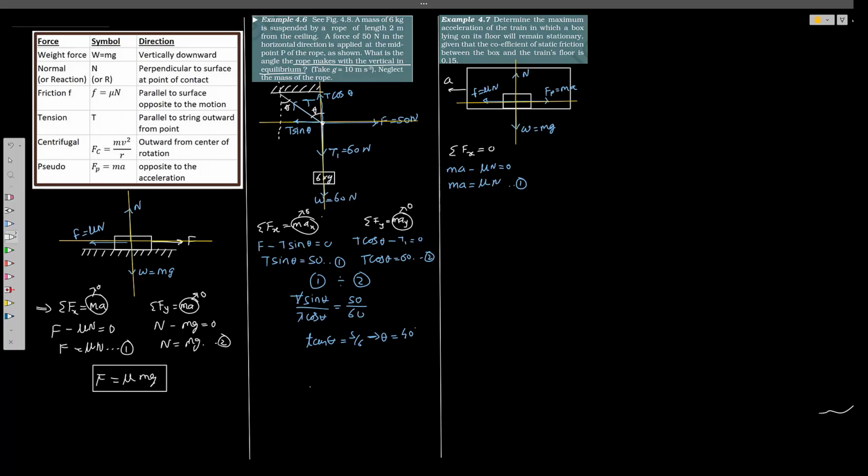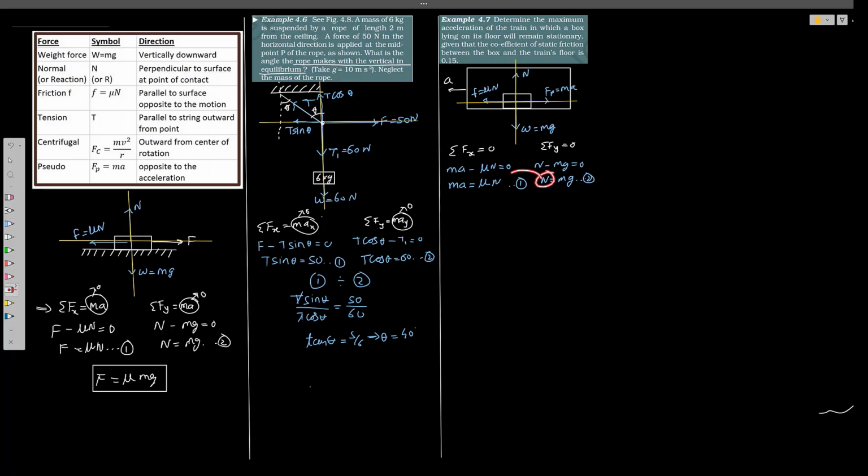Now let's go for the second one, which is sigma Fy equal to 0. Select positive y direction, we will get normal force will be considered positive, and weight force is in negative direction, so that will be N minus mg is equal to 0. That will give us N is equal to mg. Equation number 2.